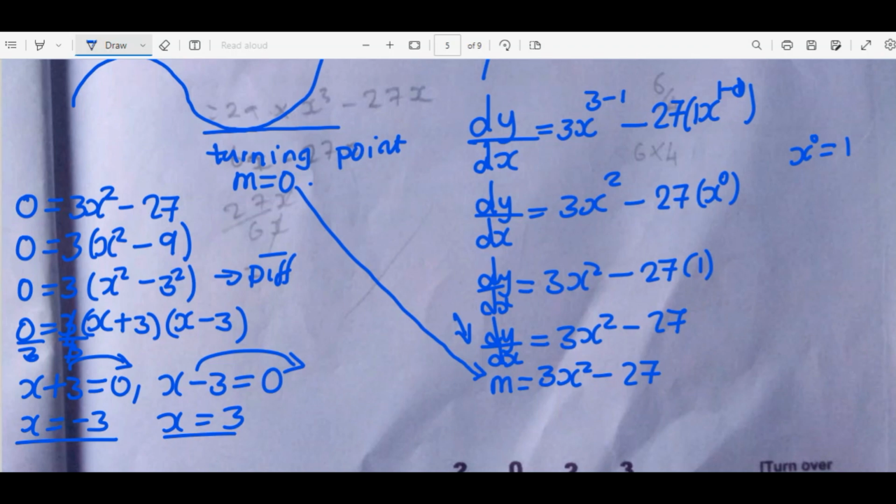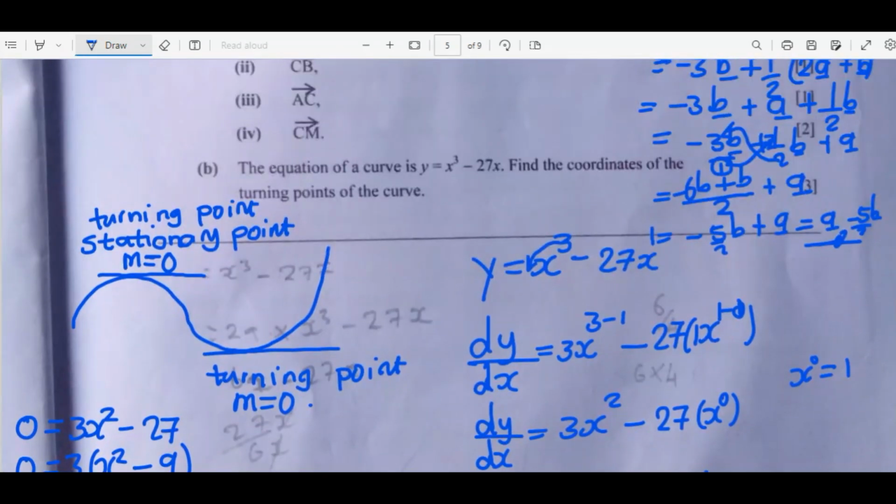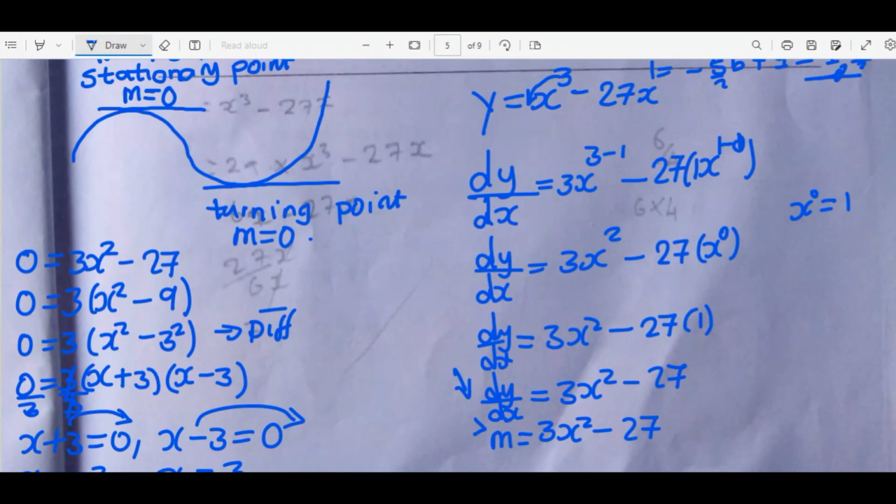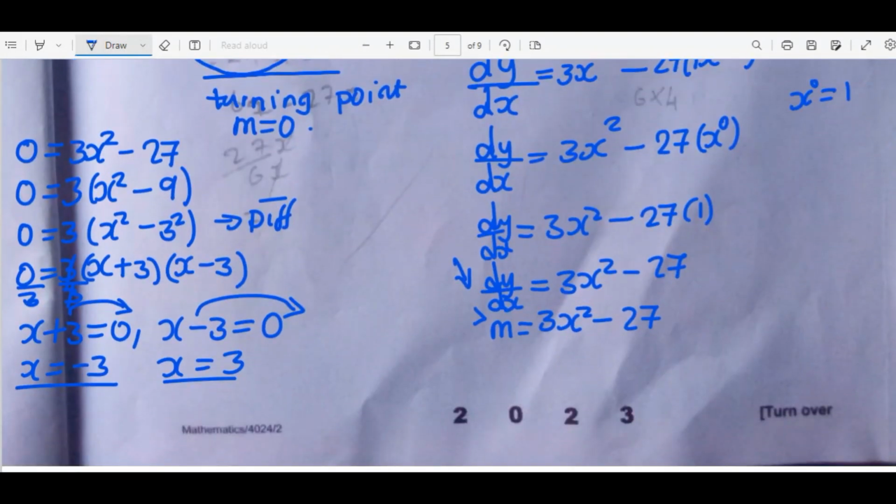Now, what is the next thing that we are going to do here? The next thing is we need to find the y coordinate for each x value. Whenever you are trying to find the y coordinate, you need to use the original equation before you differentiate.